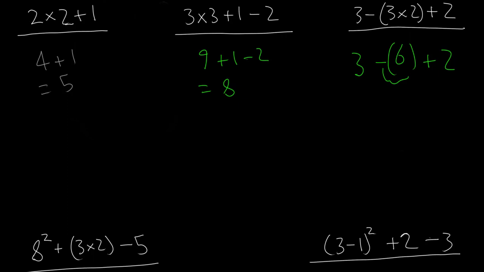Which is going to give us -6 plus 2, which is -4, and we're going to add 3 onto that. So -4 plus 3, which is -1. Our answer is -1. Perfect.